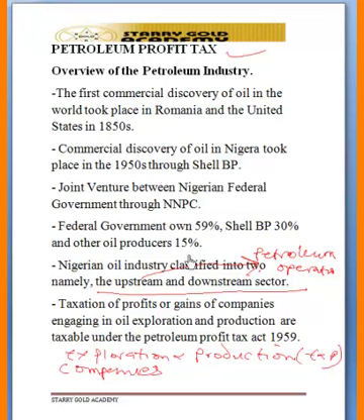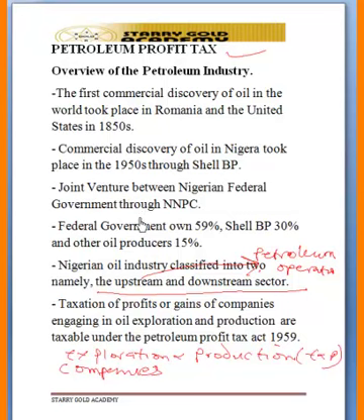Now let's look at the downstream sector too. All operations involved in the conversion of crude oil produced into usable form, e.g. your petrol, PMS, premium motor spirit, kerosene, AGO, automotive gas oil, are referred to as downstream operation. So the oil marketers, Mobil and what have you, are all in the downstream sector.